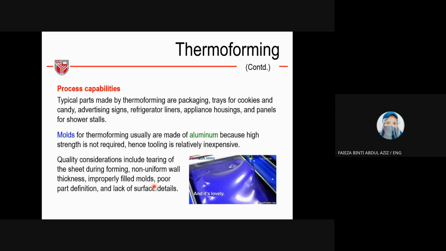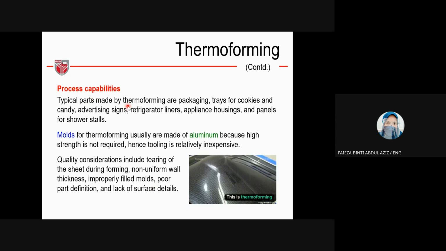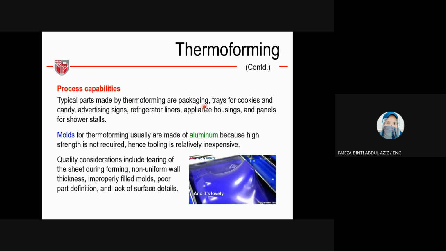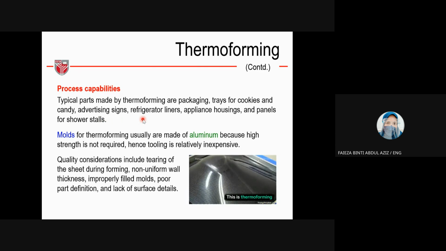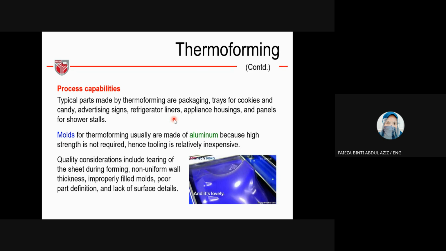Okay, the process capabilities for thermoforming. Typical parts made by thermoforming are packaging, trays for cookies and also candy, advertising signs, refrigerator liners, appliance housings, and panels for shower stalls.